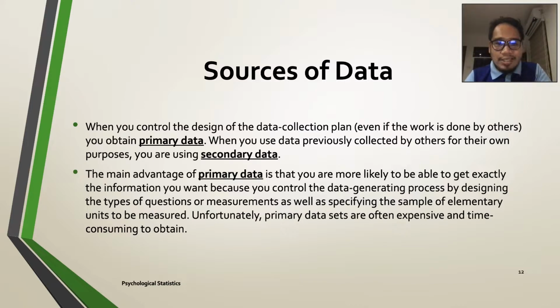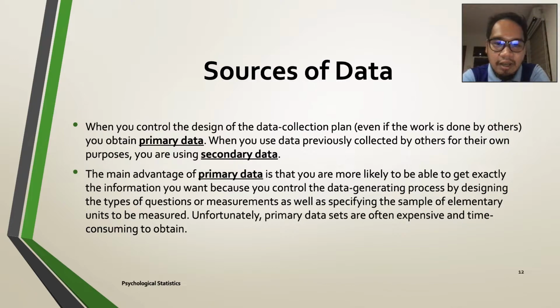because you're the ones gathering the data yourselves. Well, with this said, primary data are often expensive and time-consuming to obtain because careful and intricate planning must be done. Okay? So what are examples of secondary data? Data from existing researches, data from databases, data from registers, from records of the city hall or something.